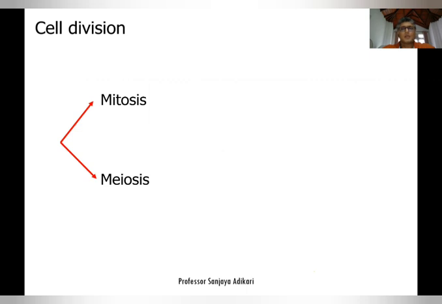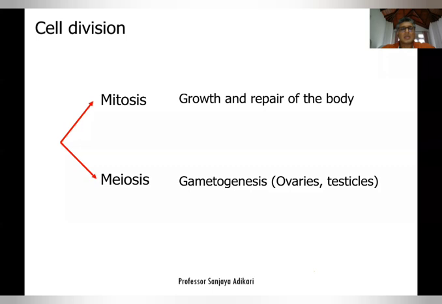The first one is mitosis, and the second one is meiosis. Mitosis takes place during growth and repair of the somatic cells, or body cells. And meiosis takes place during gametogenesis, that is formation of ova and sperms inside the ovaries and testicles.